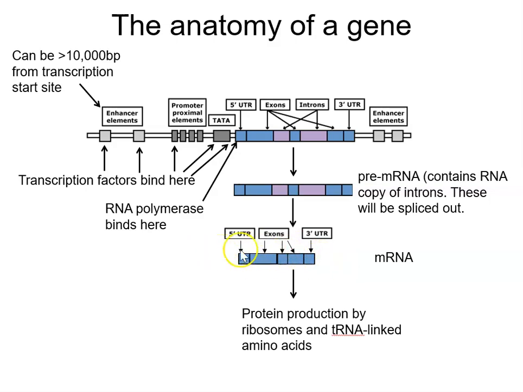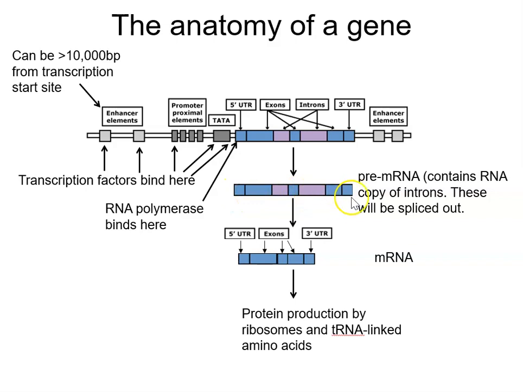Now prior to this, which is the mature mRNA, this comes from a pre-mRNA, which is an RNA that contains the 5' untranslated region, the exons and the introns, and then these become spliced out to form the mature mRNA.